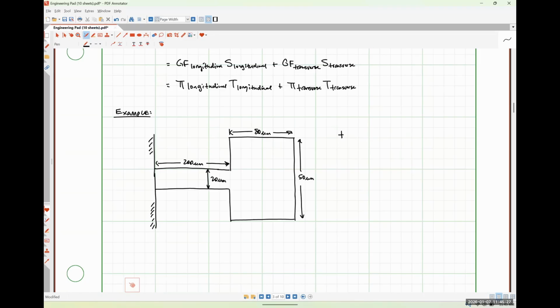And the thickness of this structure is 5 microns.